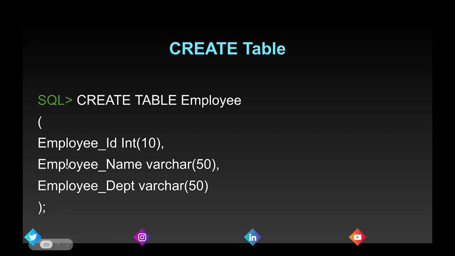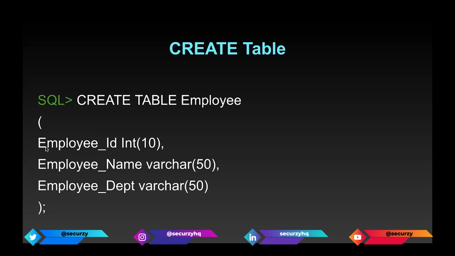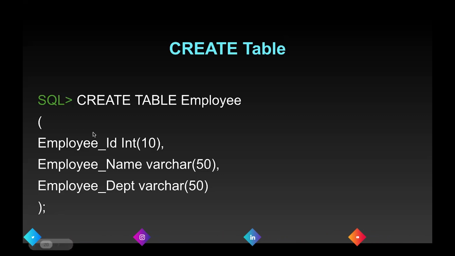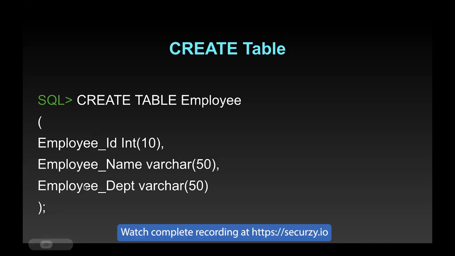Over here, I am creating 3 columns. First is employee ID, second is employee name, and third is employee department. These are 3 different columns which I want to be in my table. The first one, I am using integer 10.